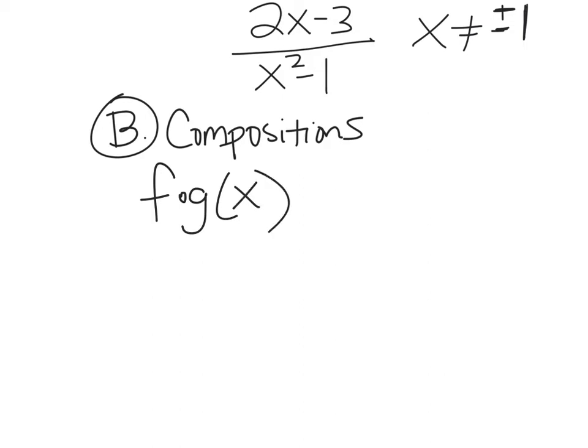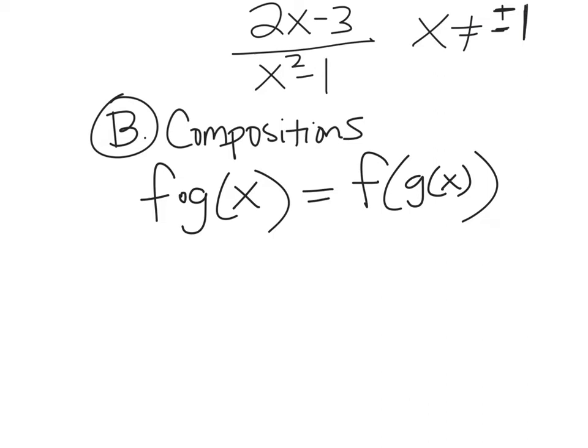Do you remember that? A lot of people don't like it written with the little circle, because what does that mean? As soon as you write it like this, f of g of x, it makes a little bit more sense. g of x is inside, being composed inside of f of x.